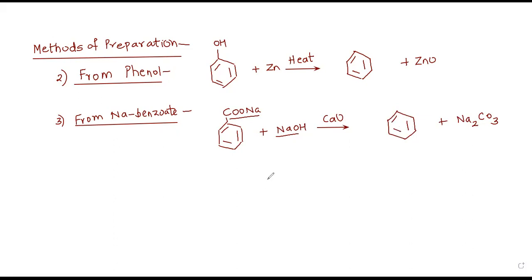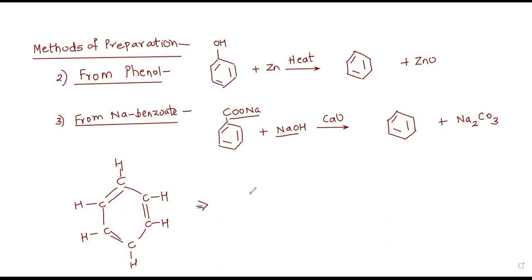Let me once again make it clear about the structure of benzene. When you show benzene structure, there are 6 carbon atoms in form of ring. There are alternate double and single bonds, and every carbon is linked to a hydrogen. This is called benzene.